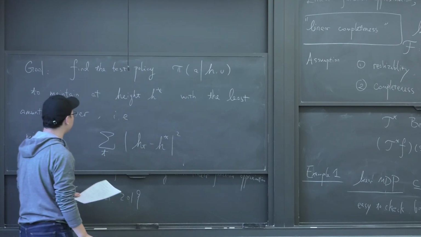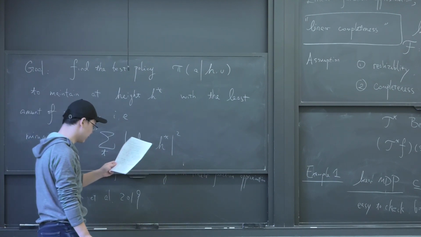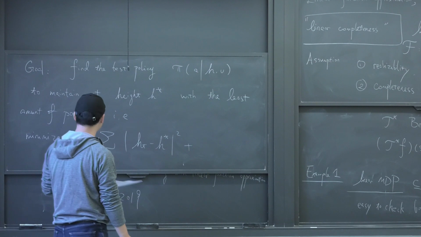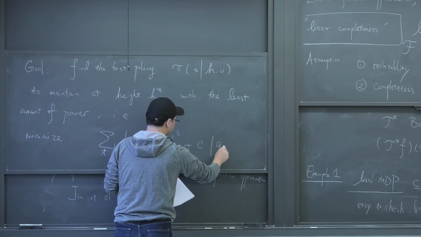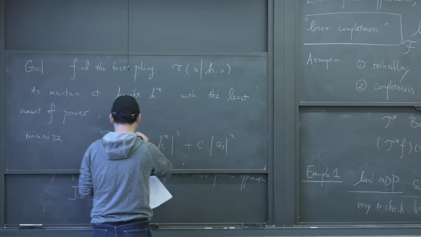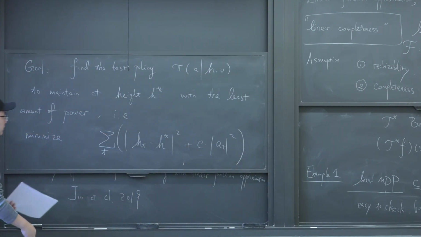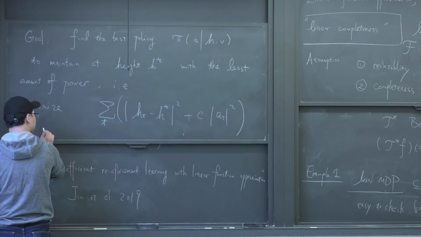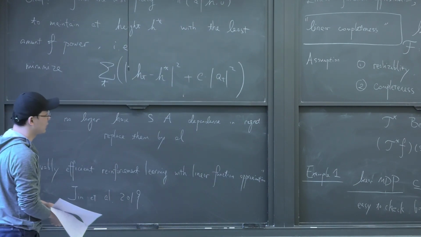Okay. This is the first objective. We want to maintain the height of the helicopter as close to h star as possible. And then we want to use the least amount of power as possible. That is, we can add some coefficient times at squared. Okay. So at squared corresponds to the energy we use for the helicopter. So this is essentially the objective we can consider for this control problem.